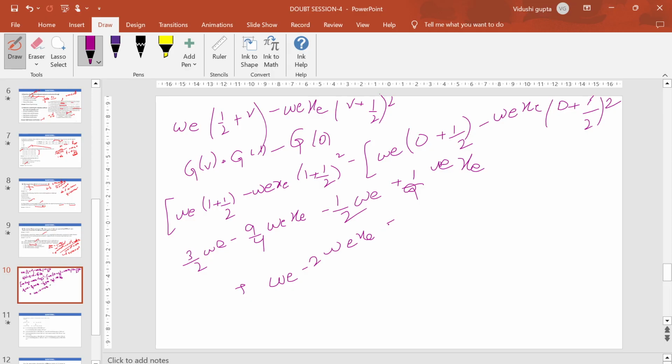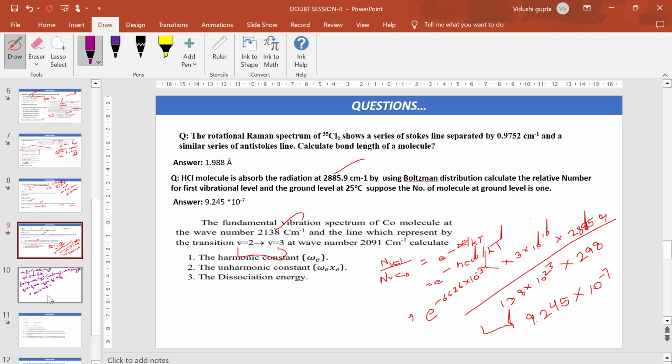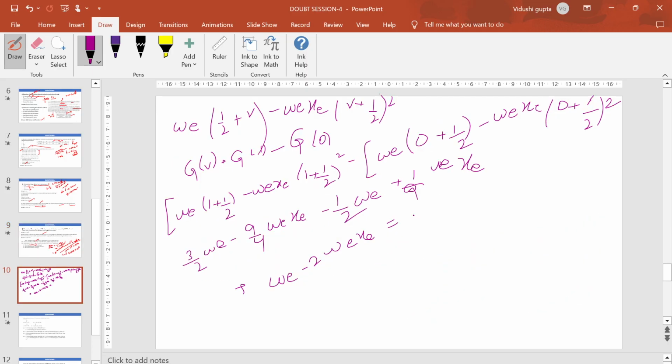That means it is given to be 2138. So this will be the first statement.